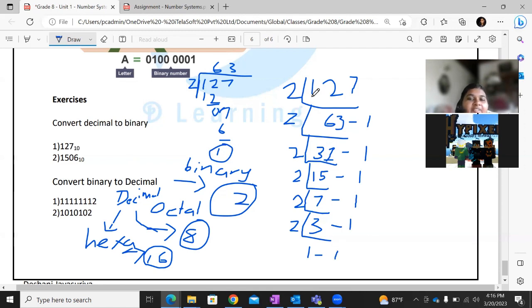Right? So whenever we convert 127 to binary, this is the answer. There are 1, 2, 3, 4, 5, 6, 7. 7 ones. 7 binaries. Right? So this is in binary form.